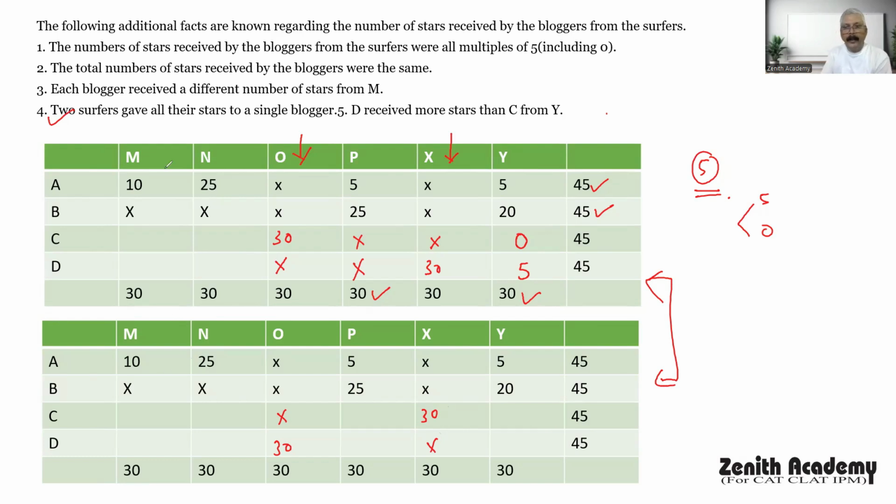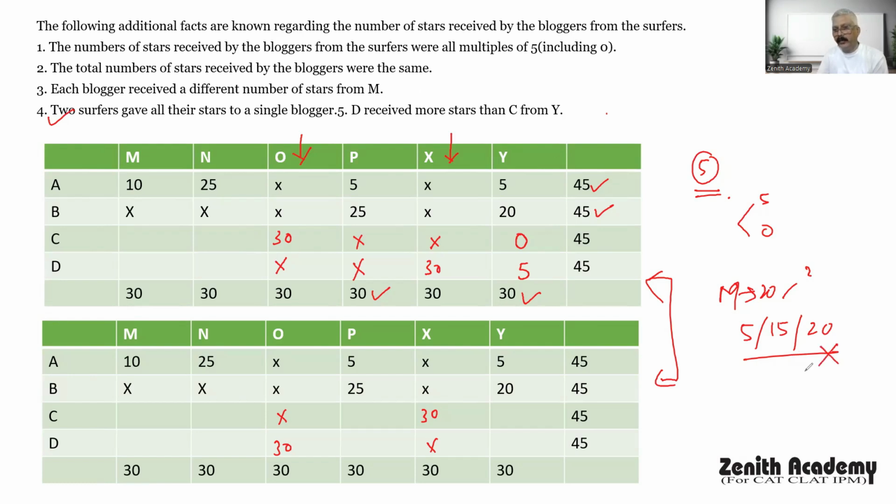Now say M gave 10 stars to A, so 20 is left with M. M can distribute 20 stars between C and D like 5, 15 or 20. Each blogger received a different number of stars from it.